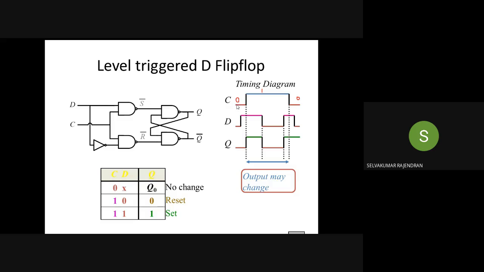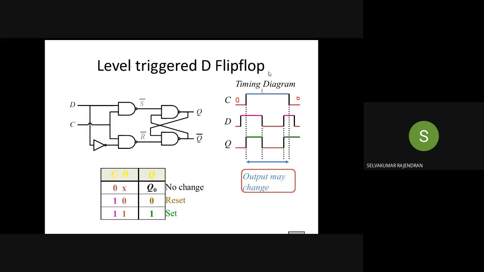Initially, clock is 0, data input D is also 0. So previous value of Q is assumed as 0. Because of clock input 0, Q also maintains logic 0 because we are assuming that Q was 0 previously.